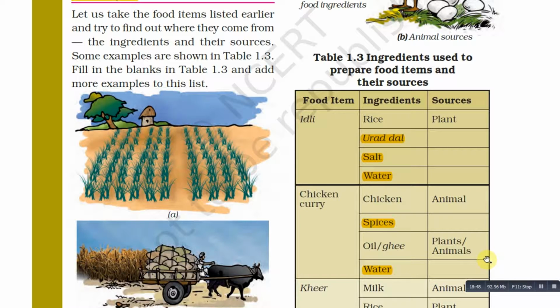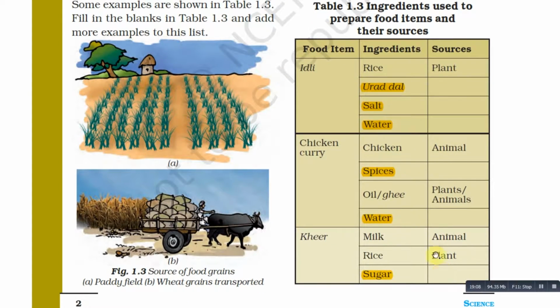Suppose mustard oil: mustard seeds are used to take the oil, and mustard leaves are also used. So depending upon that, it is coming from plants and animals, and water is coming from, of course, oceans and rivers. Now say you have kheer.